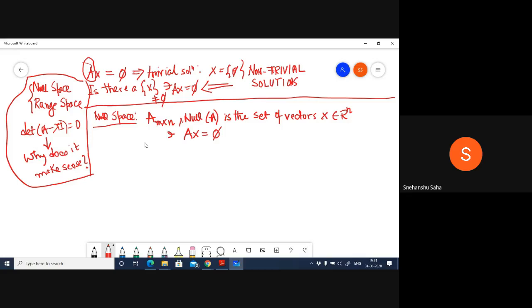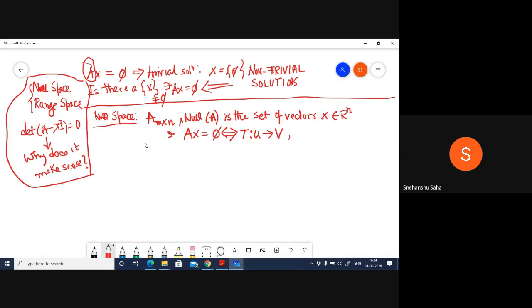Now, since everything in linear algebra has to be translated in the language of linear transformations, let's do that now. Suppose I have a linear transformation that goes from U to V, where the dimensionality of U and of V doesn't have to be the same.